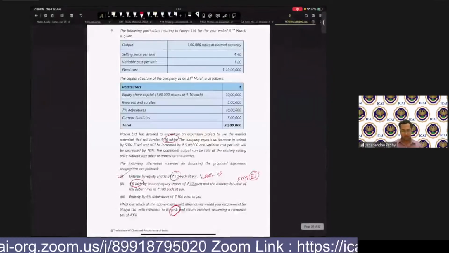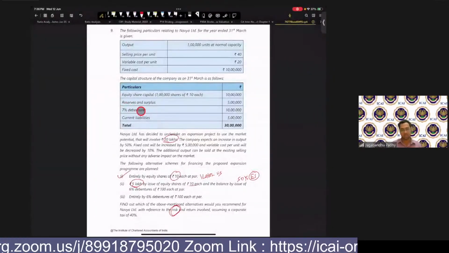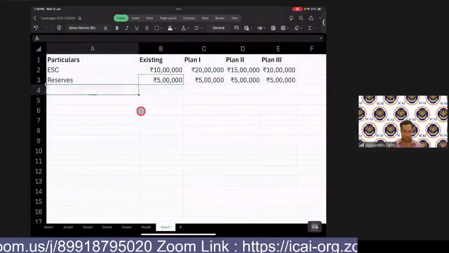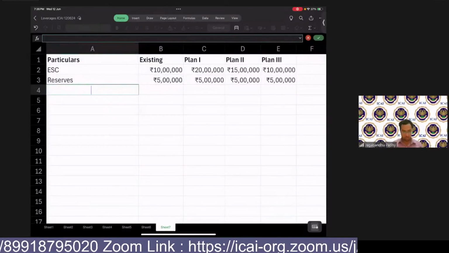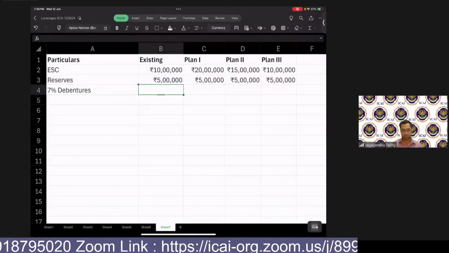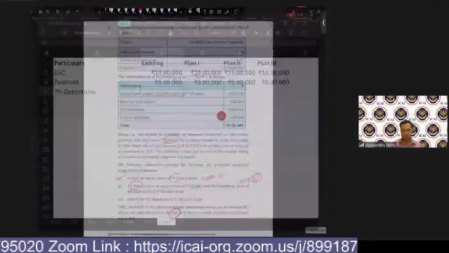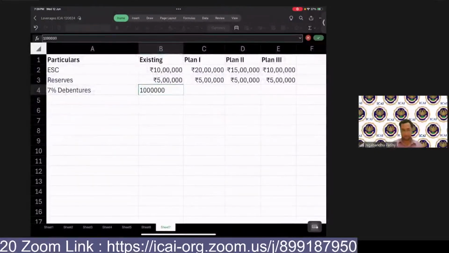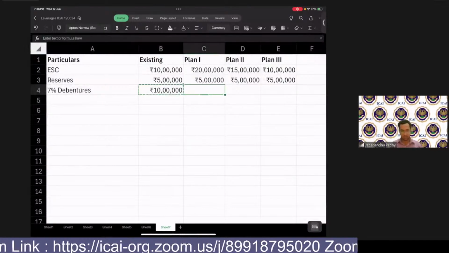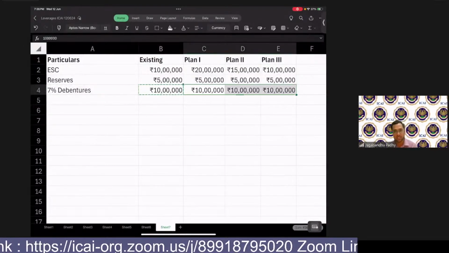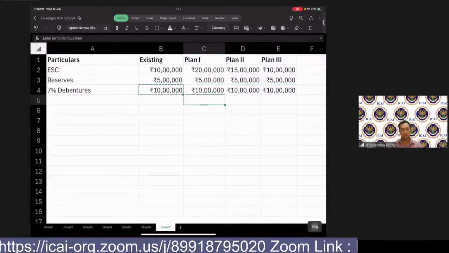Then we have 7% debentures, the old or existing capital structure, to the tune of 10 lakh.